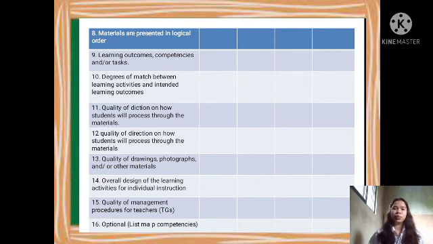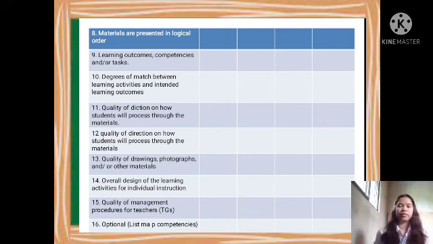Number 12, quality of directions on how students will proceed through the materials. Number 13, quality of drawings, photographs, and or other materials. Number 14, overall design of the learning activities for individual instruction. Number 15, quality of management procedures for teachers. And last is optional: list course map competencies covered by the instructional material.